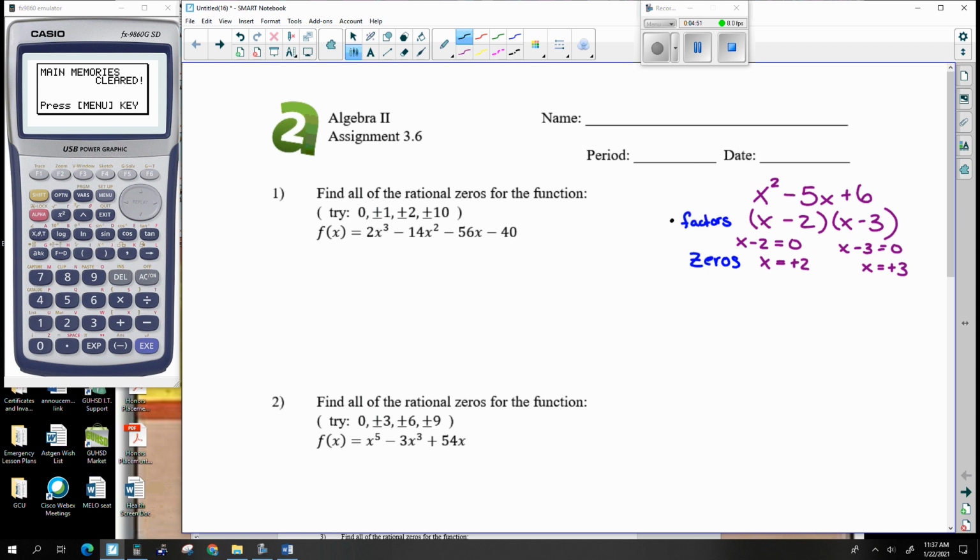All right, so here we go. Find all rational zeros of the function, and they give you some ideas that these might be the answer. So, rational zeros. I notice that I can GCF, I can take a 2 out.